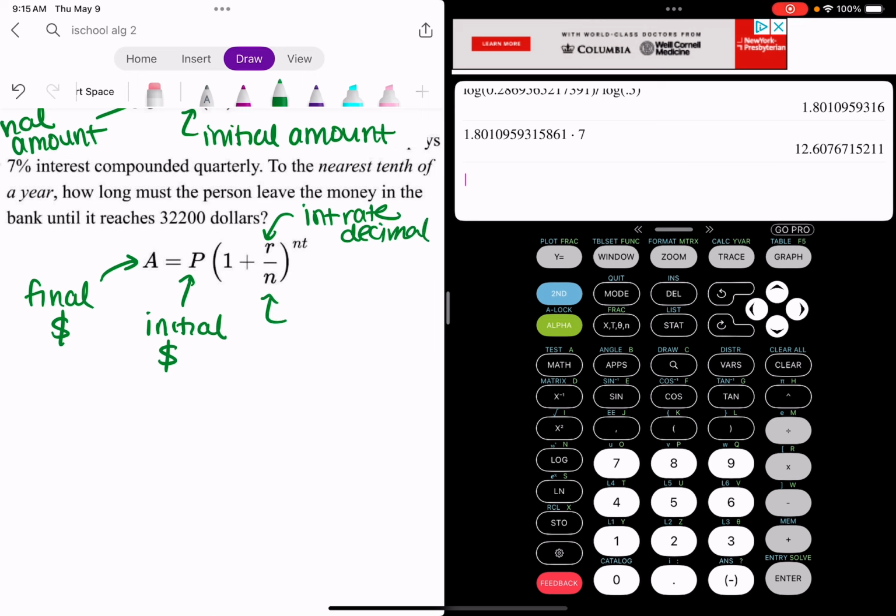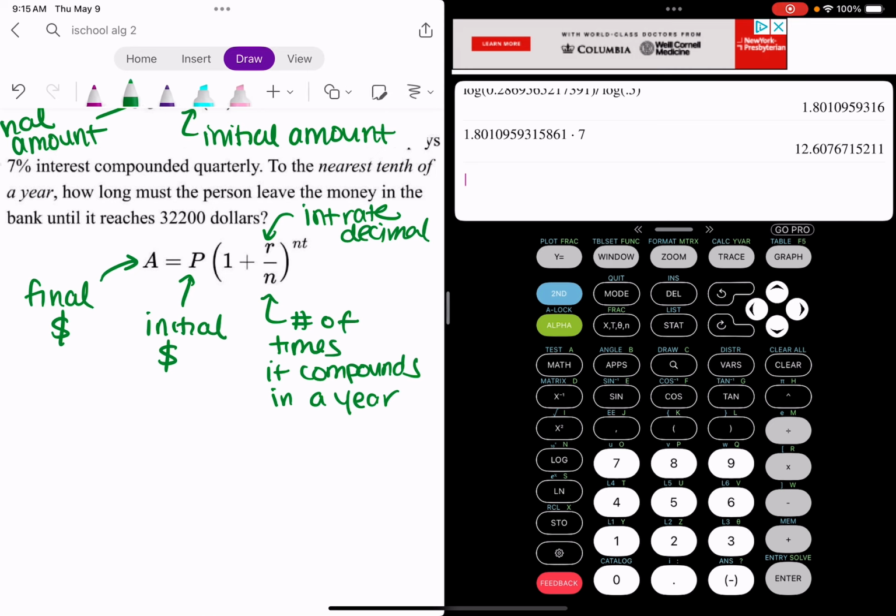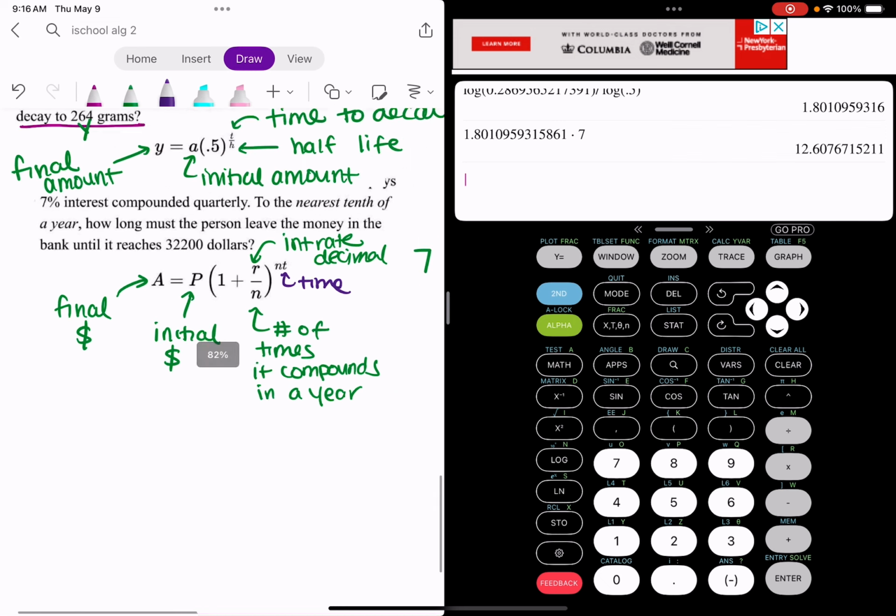Now N, this is kind of new, but it's the number of times it compounds in a year. So that means the number of times that they calculate the interest in a year, right? So it might be quarterly, which in that case would be 4. If it's monthly, the N would be 12. If it's daily, it's 365. And then lastly, T is time, okay?